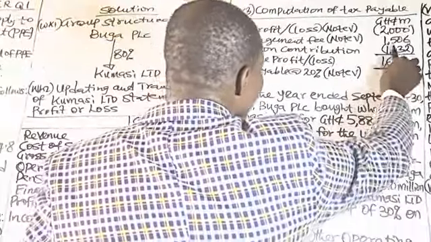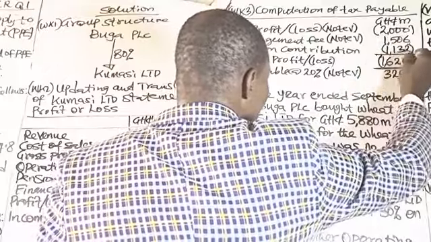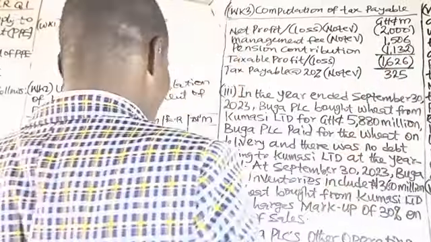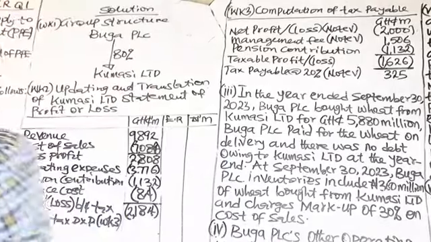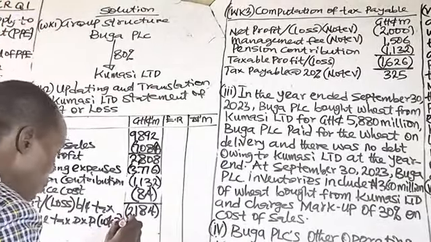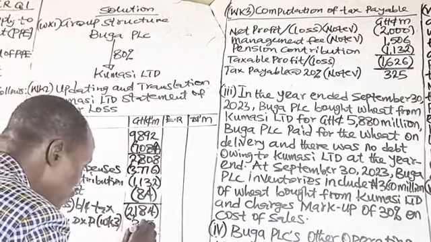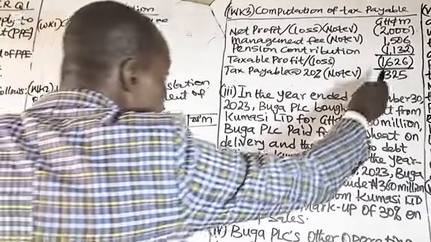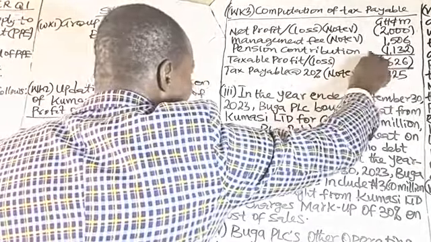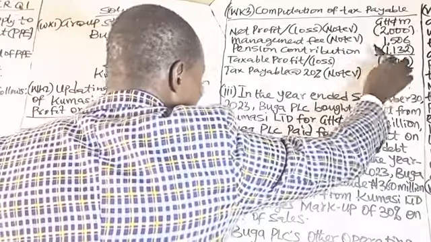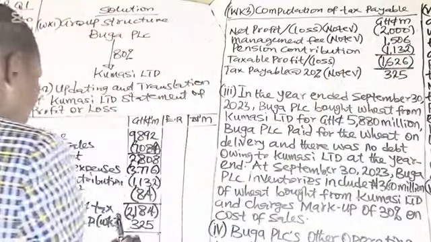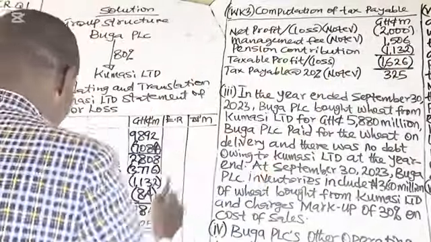Since this computation is negative, that means this will be tax savings, not payable. Income tax savings of 325. So we will add that. If it is positive, that means you pay tax on income. This is a loss. You claim a tax relief on the loss. But if it is profit, then it will be tax payable.